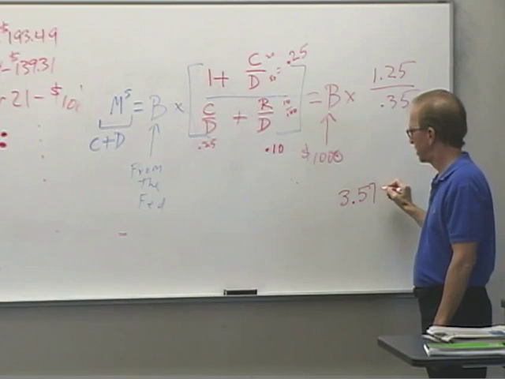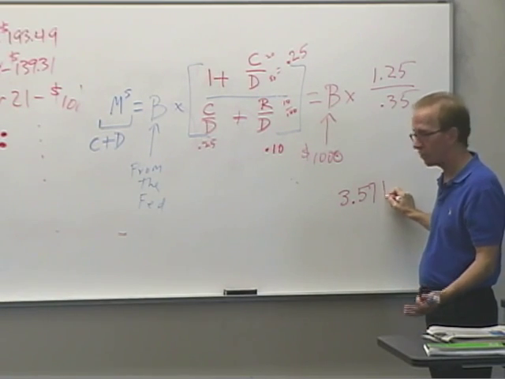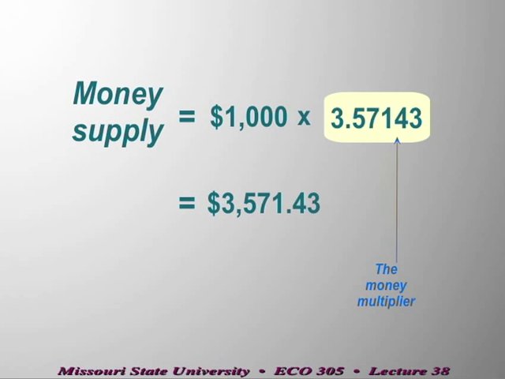Then what? 1, 4. Don't hold back. Let's make it 3. Okay, so $1,000 times that is equal to $3,571.43.